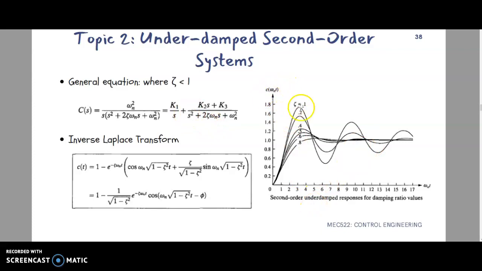From here you can see that different damping ratios give different responses. For example, this one, zeta equals 0.1, you can see there is excessive overshoot. This is maybe something like underdamped, or overdamped.